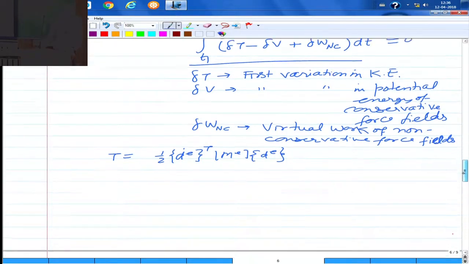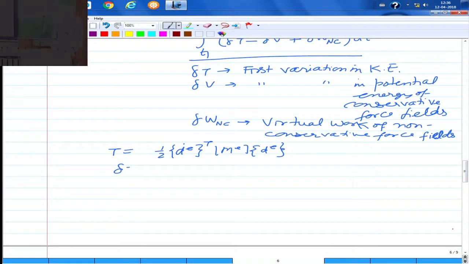Now if you want to find the first variation, delta of T, that would be half the variation, and the variation is with respect to unknown quantities. Here the unknown quantities are basically the vector of elemental degrees of freedom and then finally the corresponding velocities. So this is half of delta dE dot transpose into ME into dE dot.